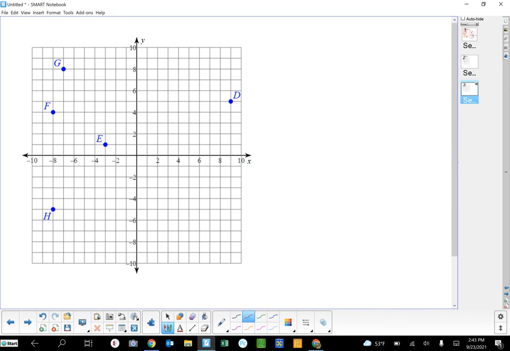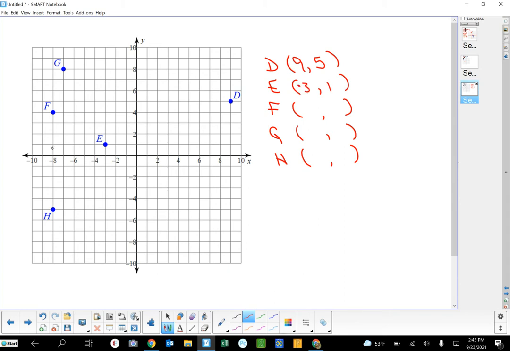So I'm going to go D, E, F, G, H. These are all in parentheses because they're ordered pairs. You must put yours in ordered pairs as well. And then D is over 9, up 5. E is -3, up 1.